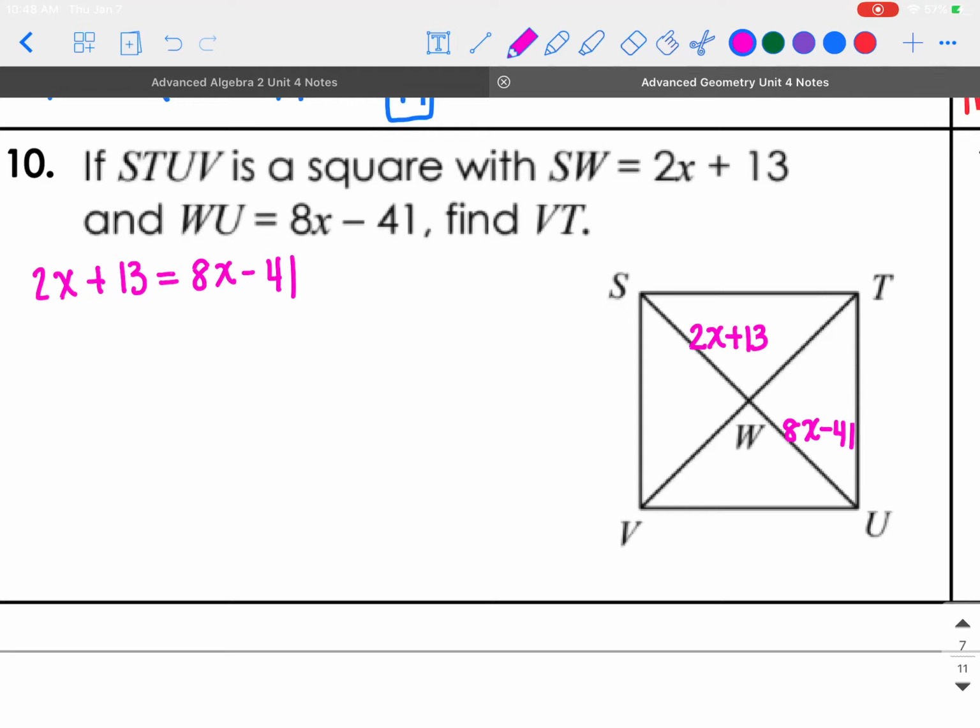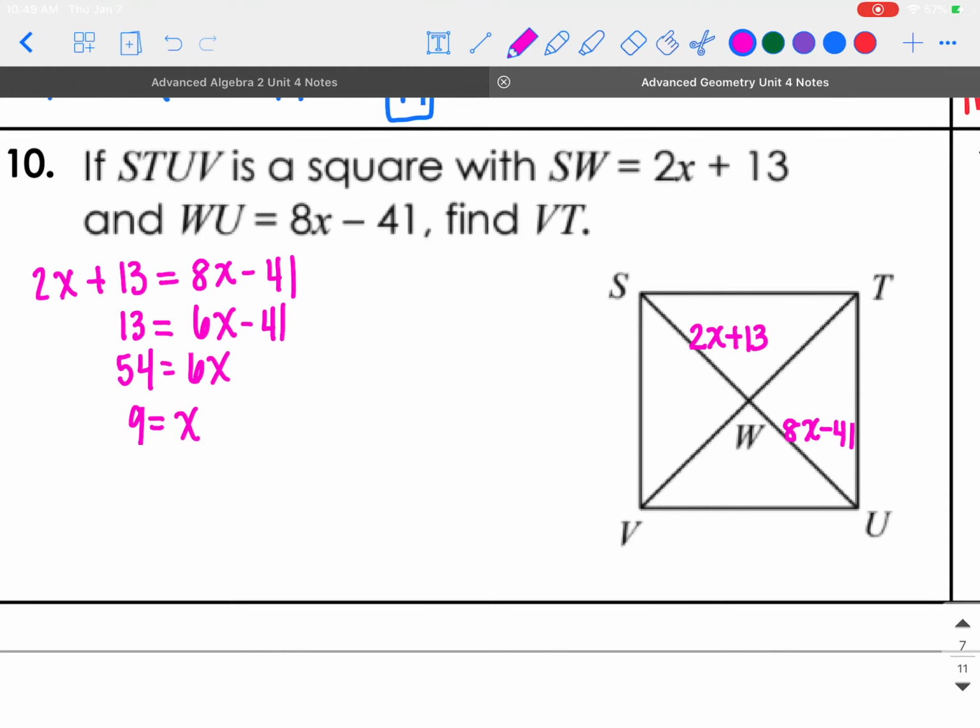If we subtract 2x from both sides, we get 13 equals 6x minus 41. And then if we add 41 to both sides, we get 54 equals 6x. Dividing by 6 gives me 9 equals x.